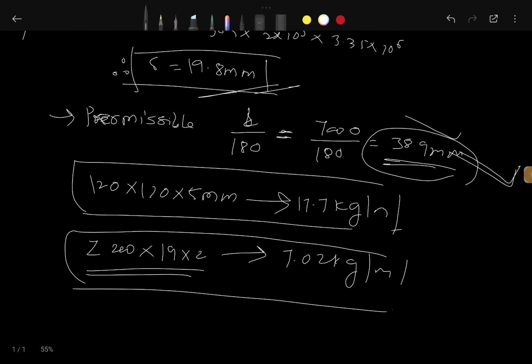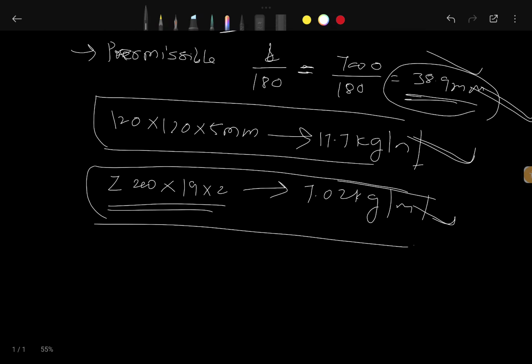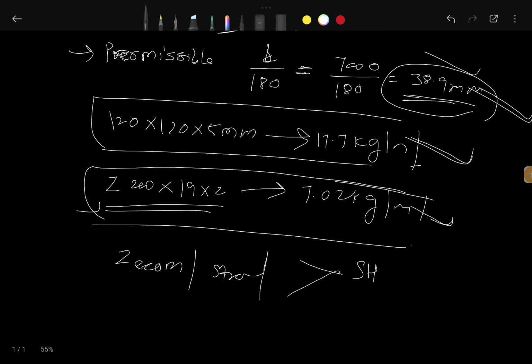So almost double the load will come in the SHS section. That's why this Z section is more economical, and strength and serviceability are also very good compared to the SHS section.